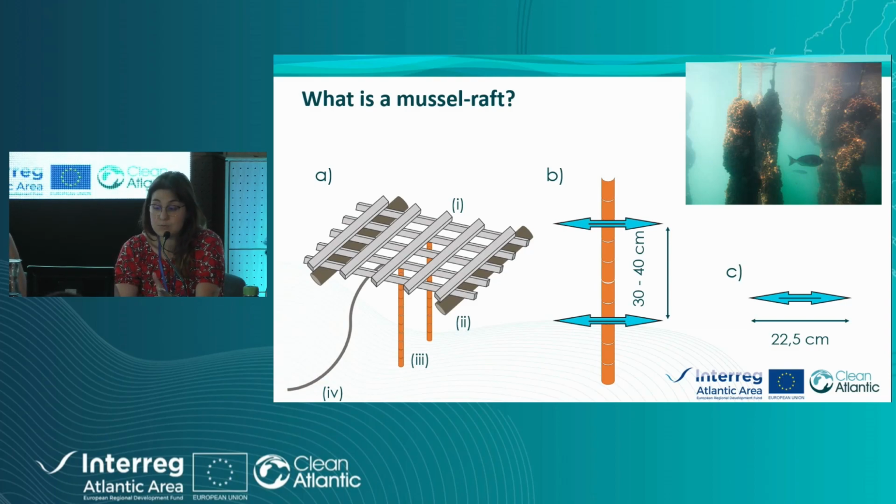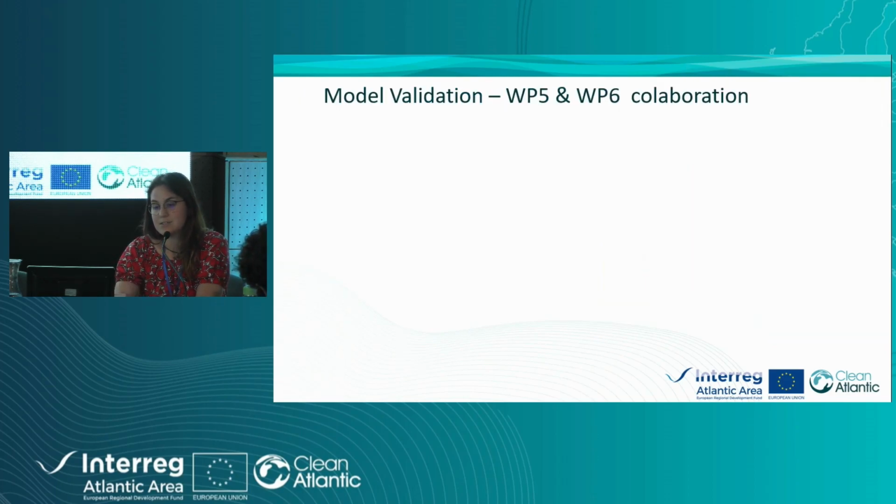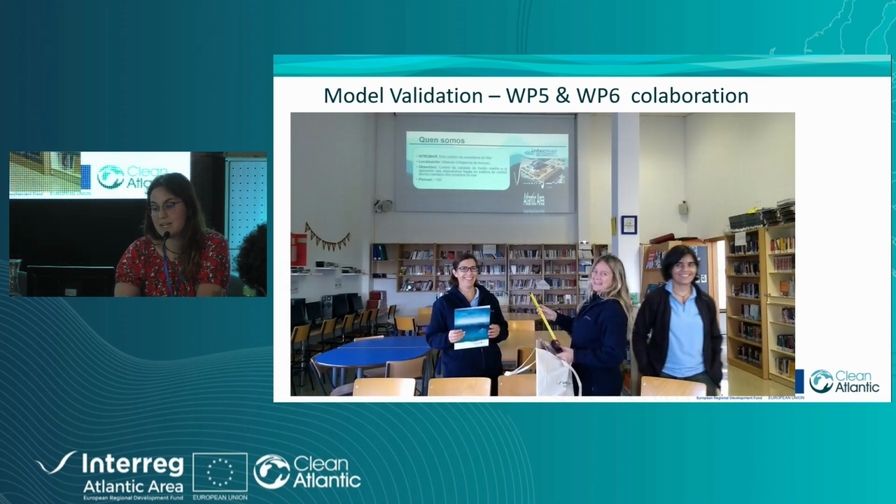So these sticks are then released to the sea because this is an old method, and these sticks can be broken and released to the sea. So what did we do with the 5 work package within the monitoring area?